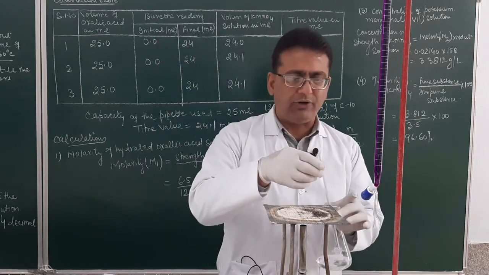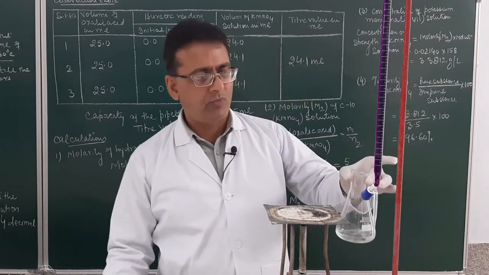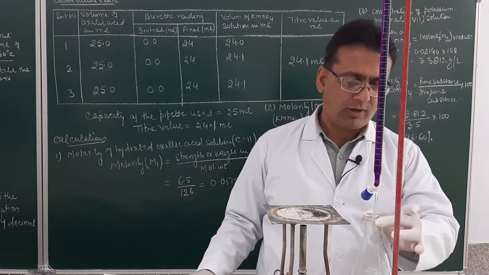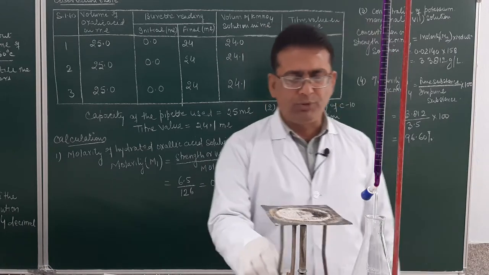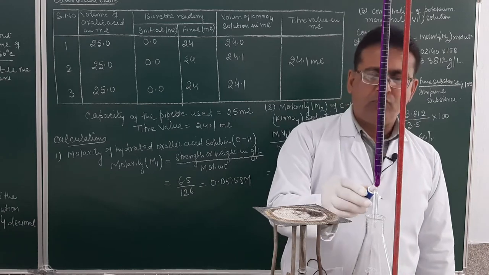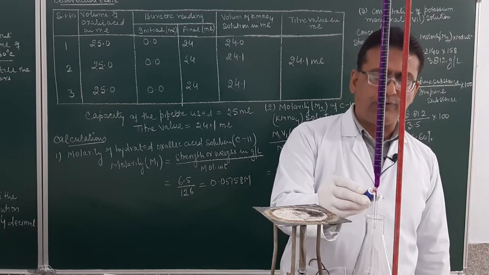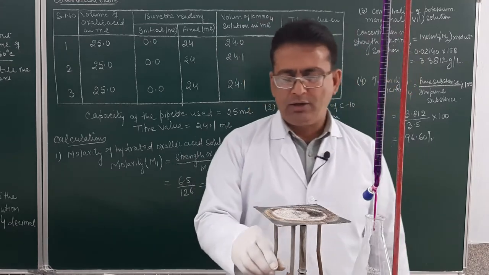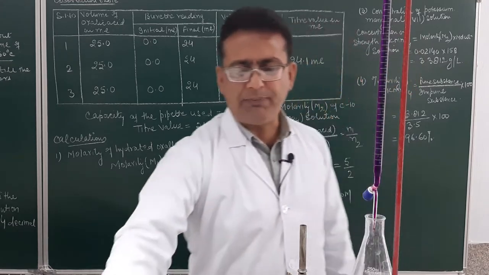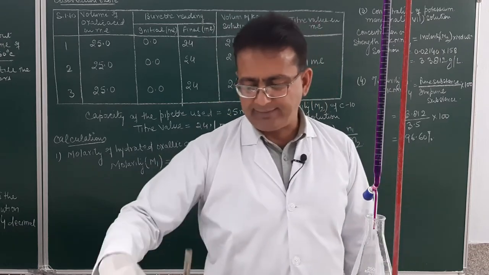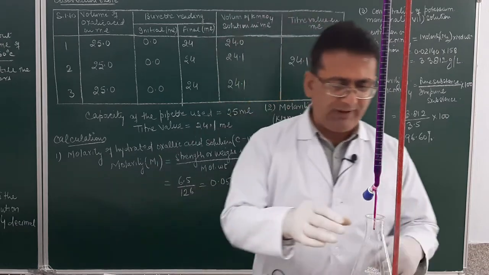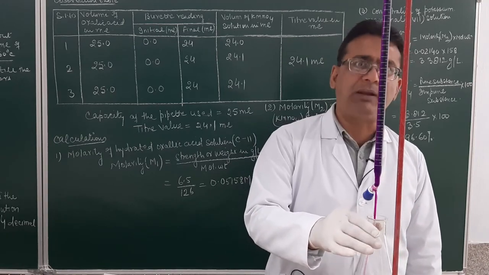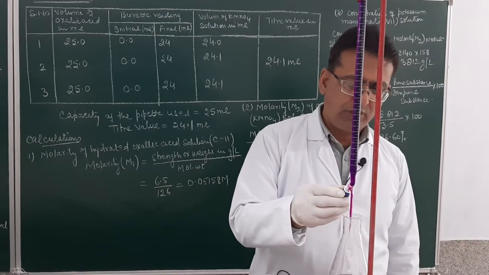How will I start the titration? Remove this from here. Put this conical flask below the burette. You may see over here. We will put the conical flask and then start adding KMnO4 solution in a drop-wise manner with constant stirring till the permanent pink color appears at the bottom of the flask. So we will add this till the permanent pink color appears. I think the experimentation must be very clear, student.